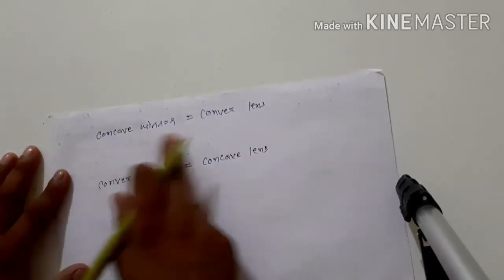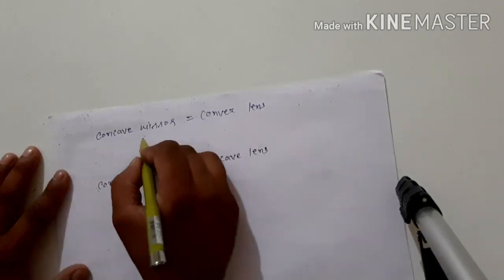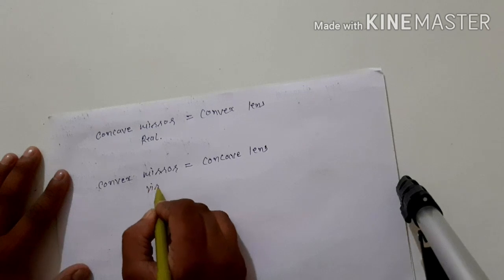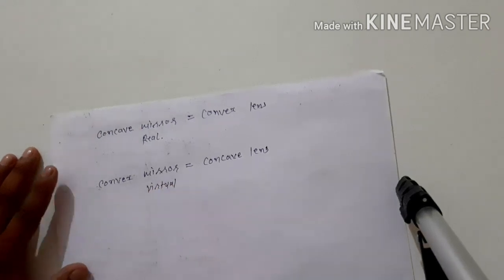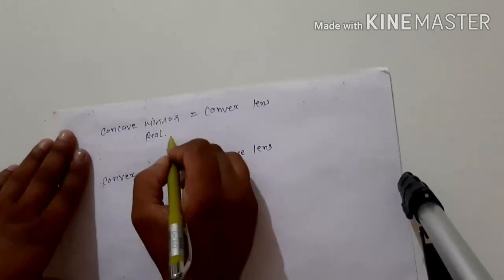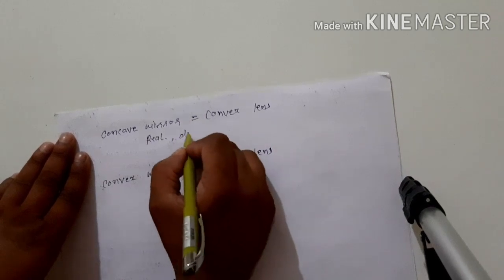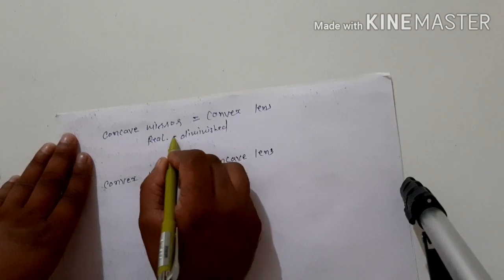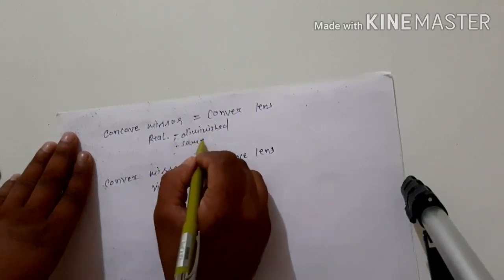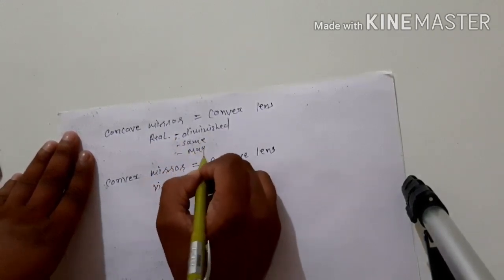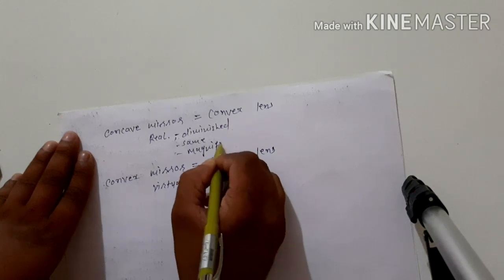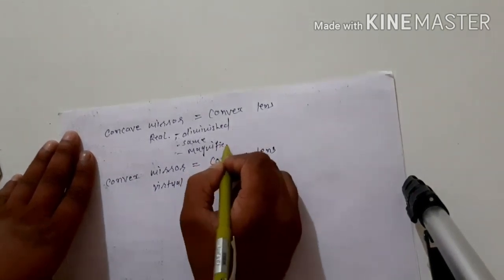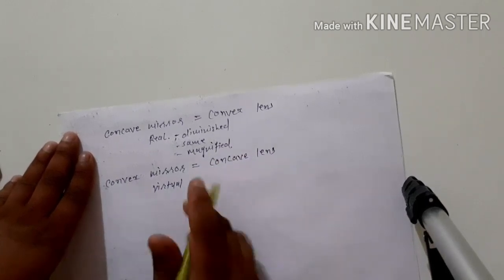Generally, in a concave mirror the image is real. In a convex mirror, generally it will be virtual. In a concave mirror, it can be diminished, or the same in size as the object, or it can be magnified, enlarged.